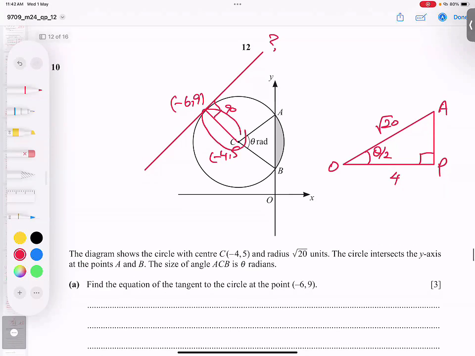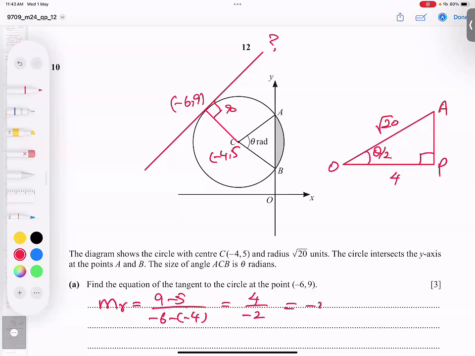So this is called the radius. First of all, I'll get the gradient of the radius, and that is y2 minus y1, so 9 minus 5 over minus 6 minus minus 4. I got a 4 and here negative 2.